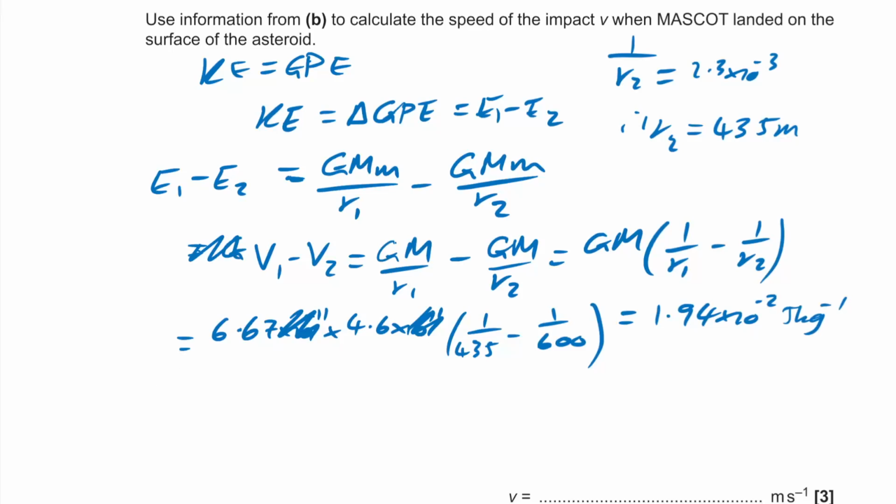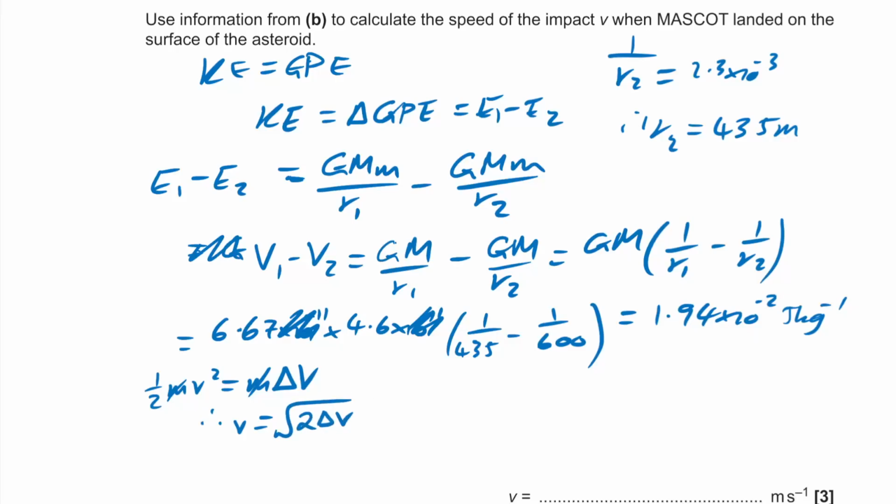And so therefore, I can say that half mv squared is equal to the change in potential energy. And so I can say that's m times the change in potential. See why I did it now? Because the m's cancel. So therefore, I can say that v is equal to the square root of 2 times the change in potential.